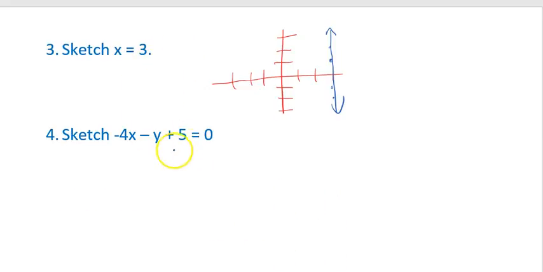Okay, and I'm going to do one more example that's not a special case. So if I want to sketch this, I first need to get it in y equals mx plus b. So I'm going to add the 4x and subtract the 5.